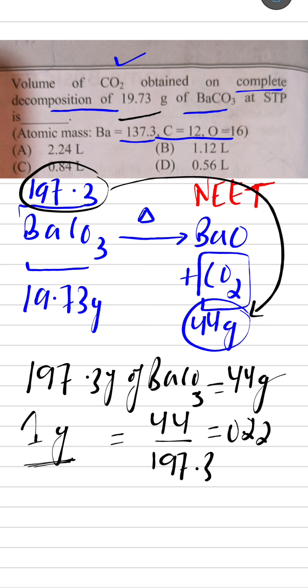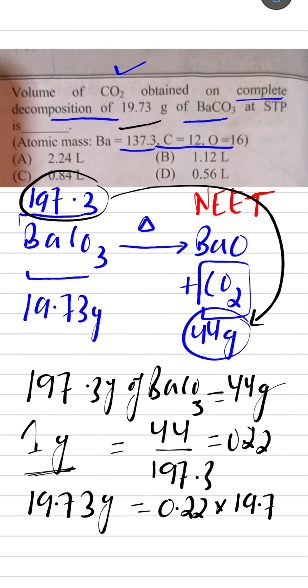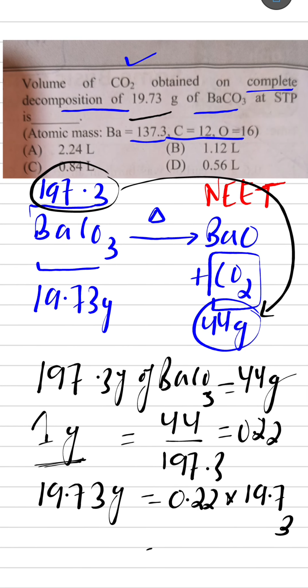If 1 gram produces 0.22, then 19.73 gram will produce 19.73 multiplied by 0.22. On calculating this we get 4.4. So this 4.4 is the mass of CO2 obtained.